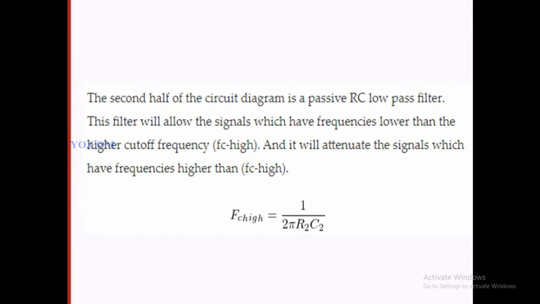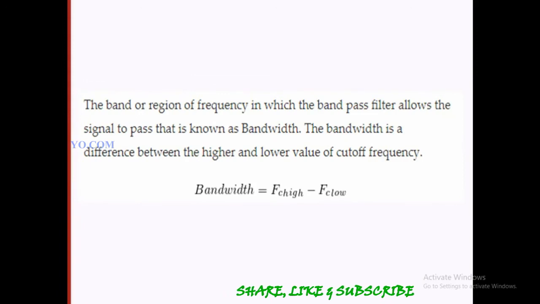This filter will allow the signals which have frequencies lower than the higher cutoff frequency FCH, and it will attenuate the signals which have frequencies higher than this FCH. So FCH equals 1 divided by 2 pi R2 C2.